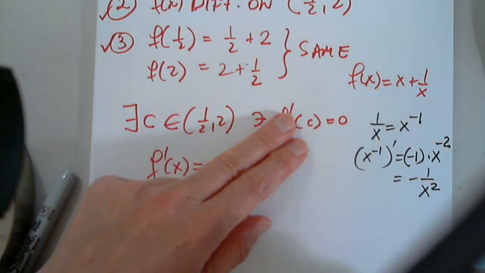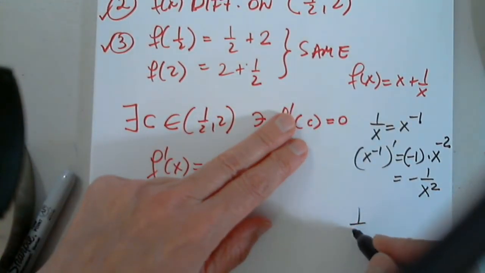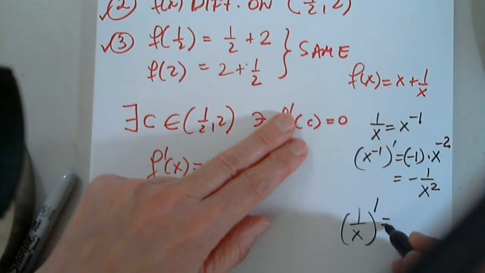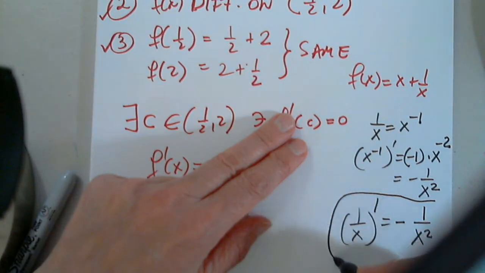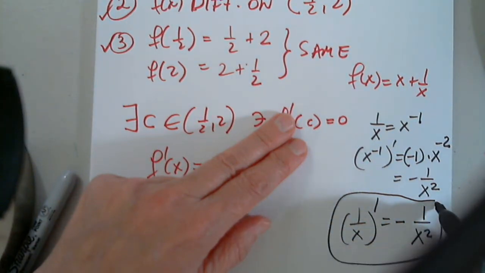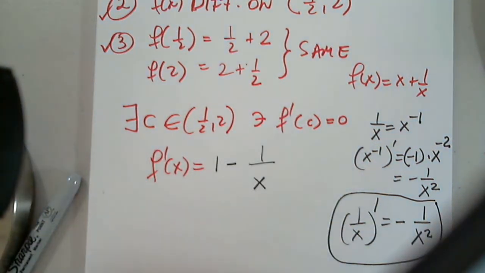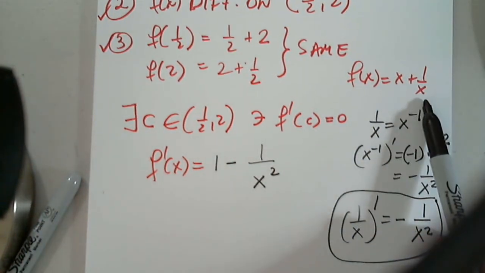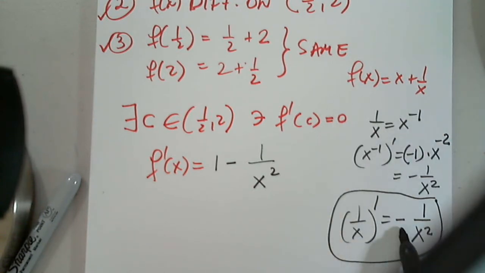So please frame it somewhere. 1 over x prime equals negative 1 over x squared, because I need this in chapter 5 when we go backwards. If you forget, just do this a couple of times so you don't forget.